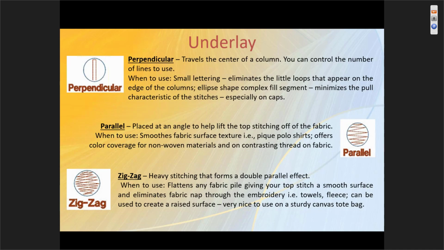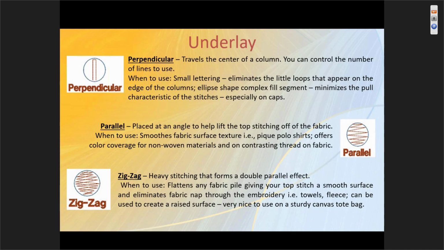Then we get into our zigzag. So zigzag is a double parallel. Its goal is to flatten the pile of your fabric. Your pile on your fabric, for people that aren't familiar with those terms, if you're looking at your towel, your polar fleece, or velvet, you've got all of the loops on your towel, and your polar fleece is kind of fluffy.